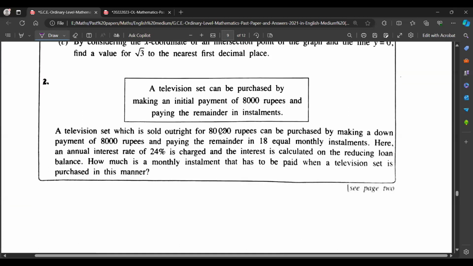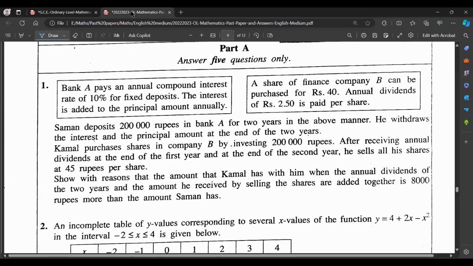Here down payment, or something regarding reducing balance. So here they normally ask from share market, compound interest and annual interest.